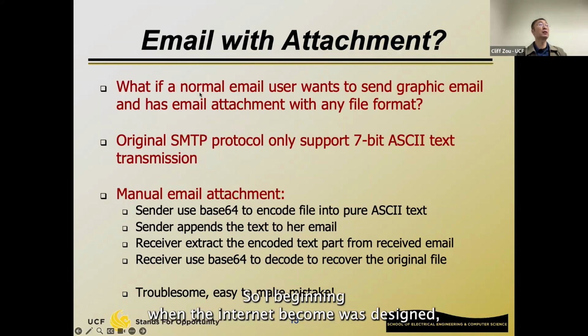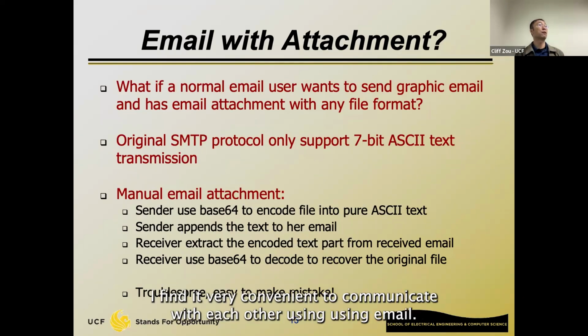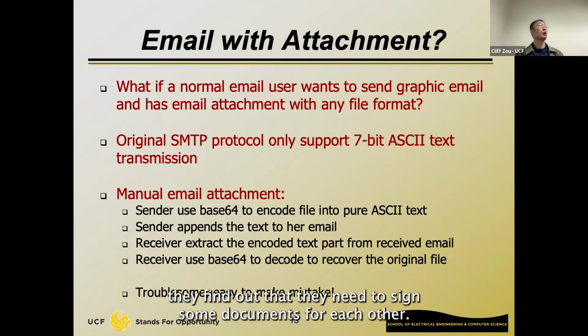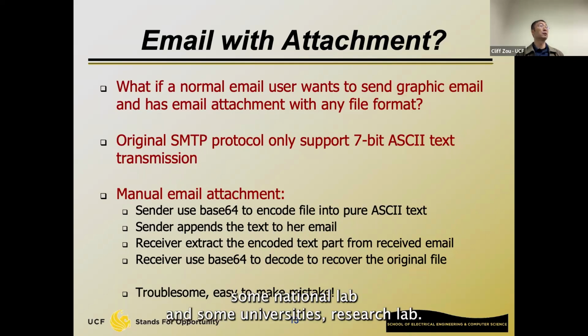At the beginning, when the internet was designed, people used email to send very simple text messages to each other. I find it very convenient to communicate with each other using email. But as they relied more and more on email exchange, they found that they needed to send documents to each other, because the internet was used officially by some national labs and university research labs.